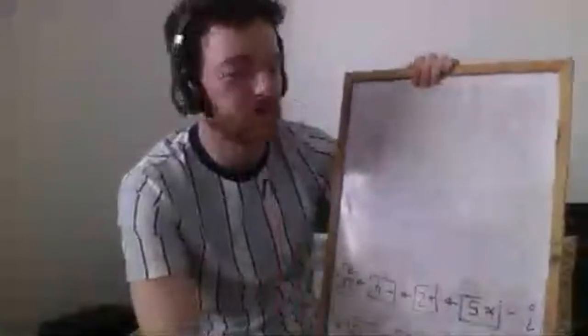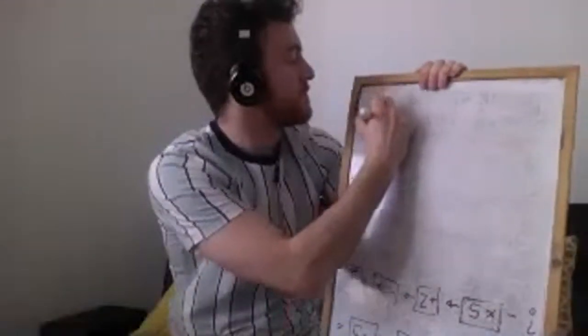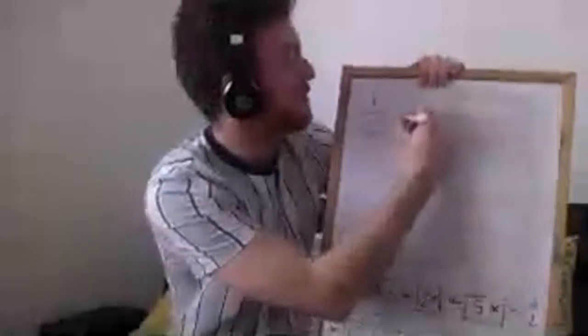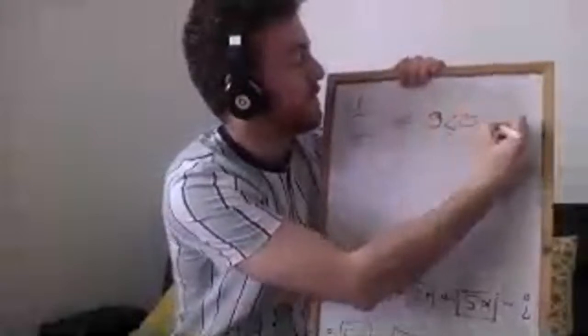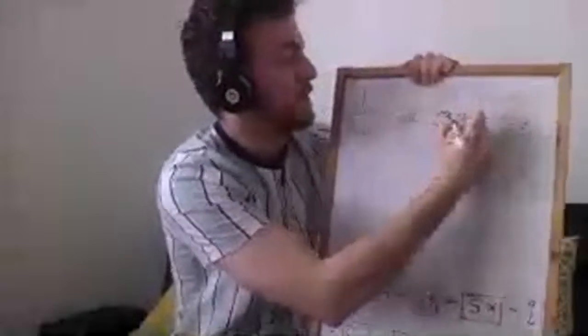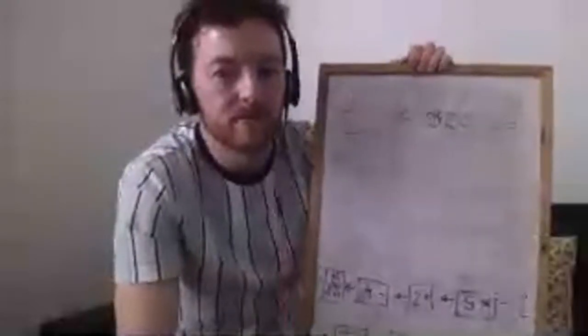So first one I want to do is just to remind us, it's been a while since we've done fractions and fractions of amounts. So if I had the question 1/4 of 320.